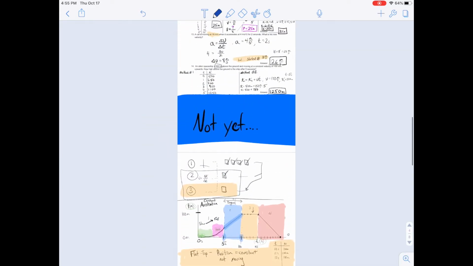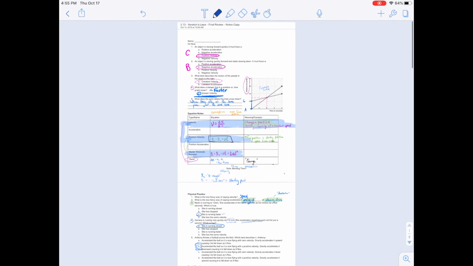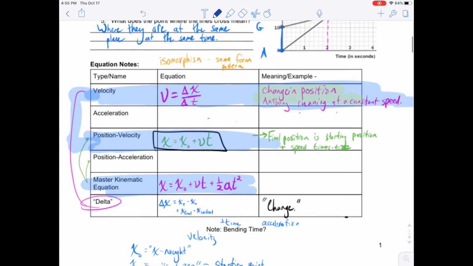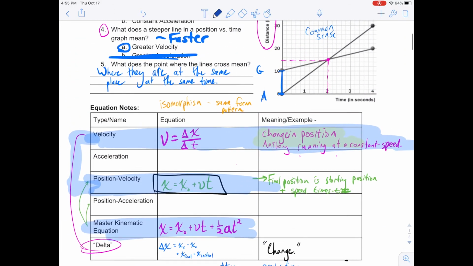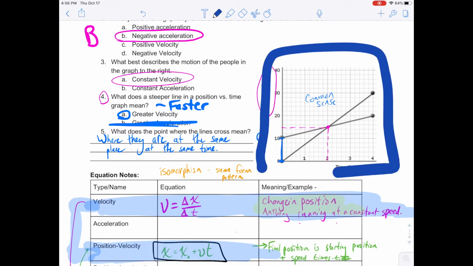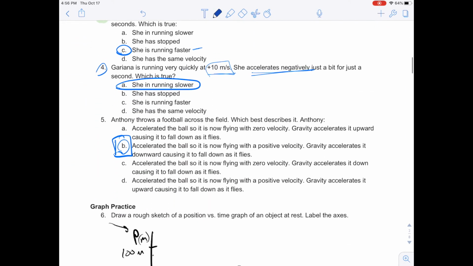Cool. So just wrapping up everything that we did so far. For the quiz, we're going to focus primarily on the position-velocity relationship and this master kinematic equation, noting that we're going to ignore acceleration for now. We're going to focus on position versus time graphs because those are crucial.